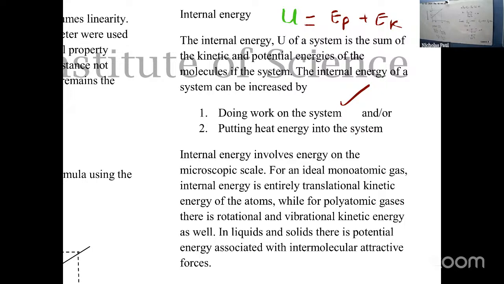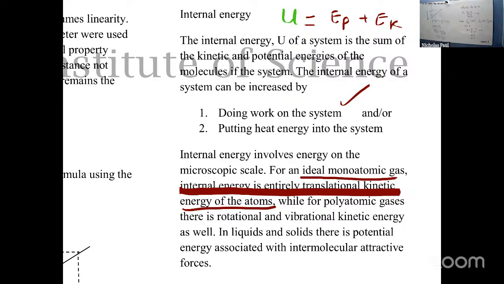What does that mean? They said for a monoatomic gas, that's a one-atom gas, the internal energy is strictly kinetic. Why no potential? Technically, gas particles are far apart, so there's little or no bonding between them.